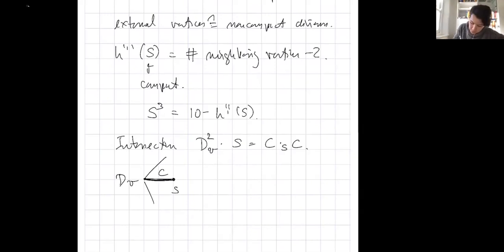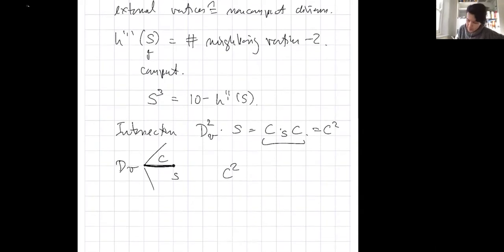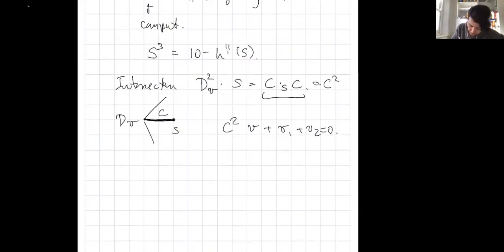So if I actually want to determine C squared, we can read it off also from this toric diagram. So C squared times the vector V plus V... where basically we have, if this is our vector, so this is a terrible picture.